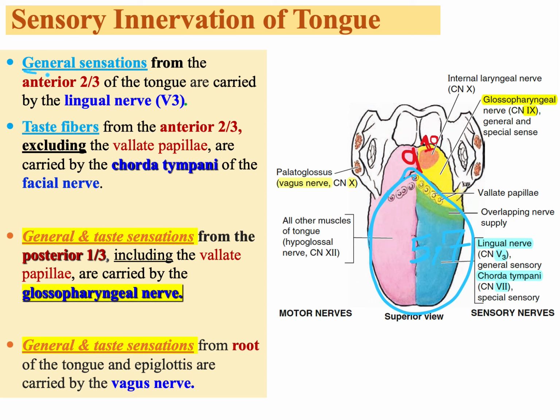Look at it here, general sensation from the anterior 2/3 of the tongue, carried by the lingual nerve. Look, this is the trigeminal nerve, cranial nerve number 5. This is the ganglion. It gives 3 branches, V1, V2, and V3.